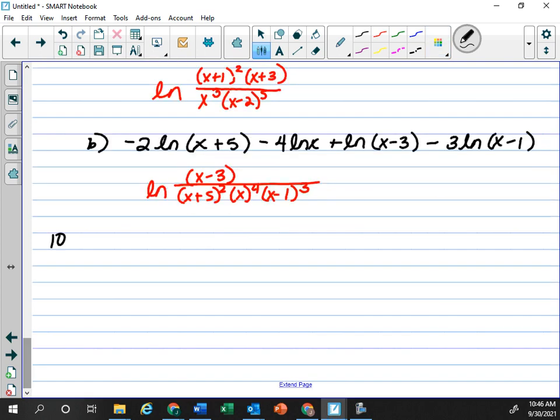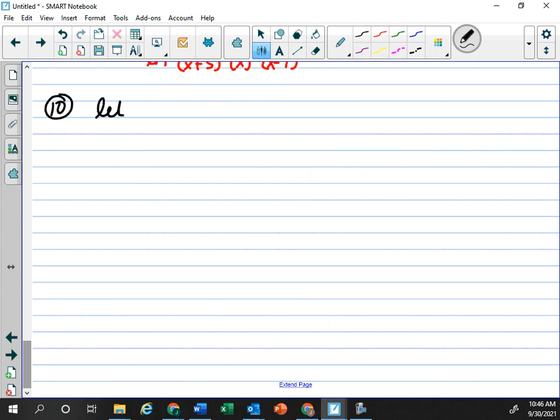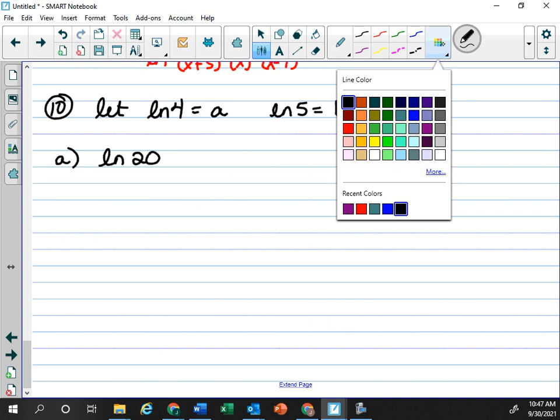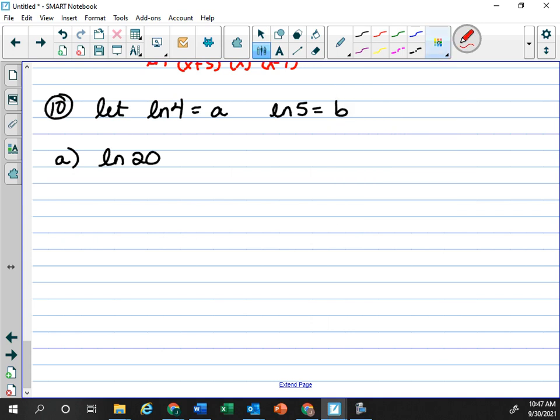All right. One more sort of weird thing to look at with our properties here. We are going to let natural log of 4 equal A, and the natural log of 5 equal B. We're going to rewrite the natural log of 20 in terms of A and B. The A and B do not come into play until the very end of the problem.